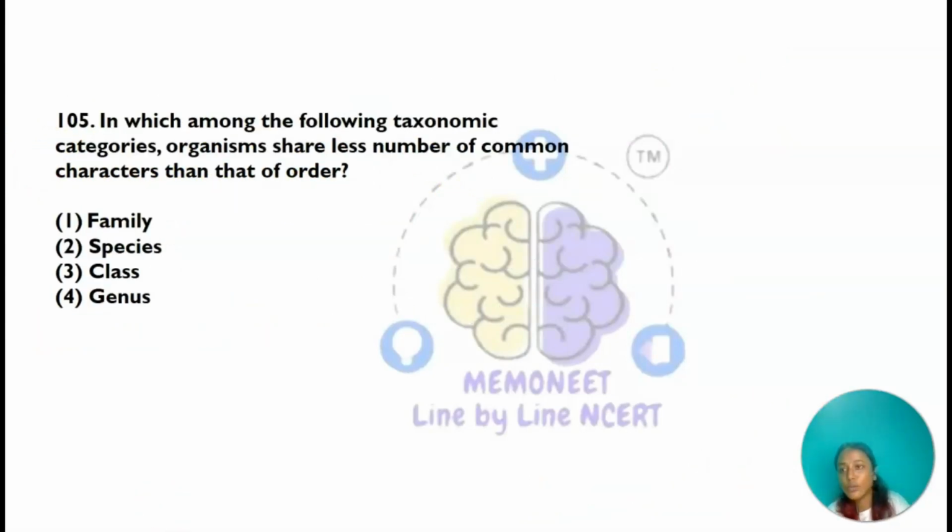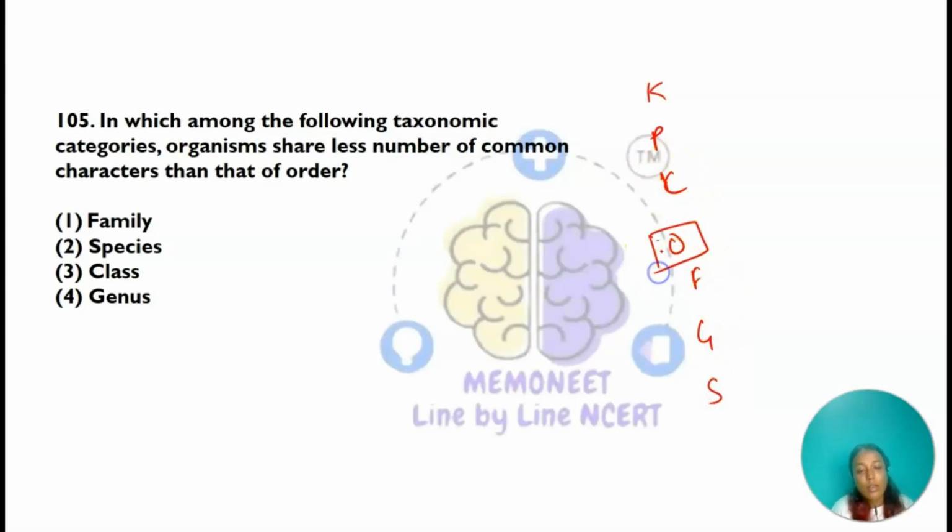Moving on to the next question: among the following taxonomic categories, organisms share a lesser number of common characteristics than those of order in which? Now like we know, if we put the hierarchy in descending form, we have kingdom, phylum, class, then order, then family, then genus, and then species.